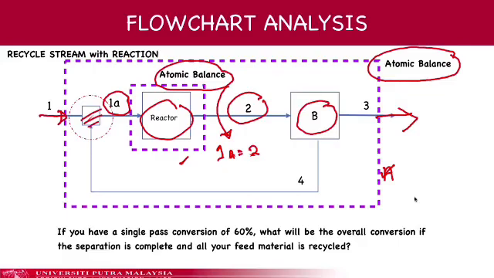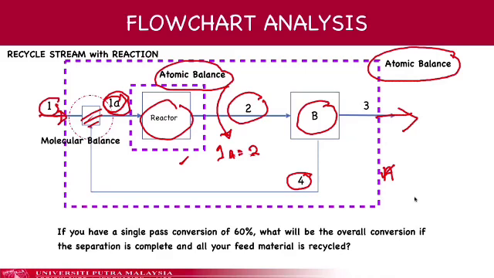That mixing point connects stream number 1A and stream number 4. Because there is no reaction in this stream, you can do a molecular balance, because it is a non-reactive system, to solve for the material balance equations.